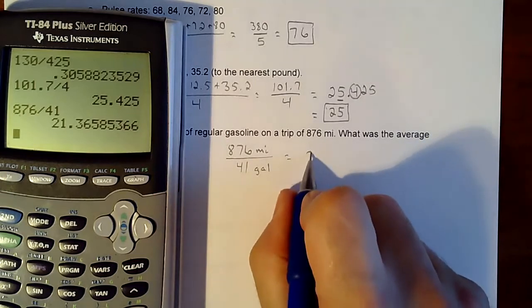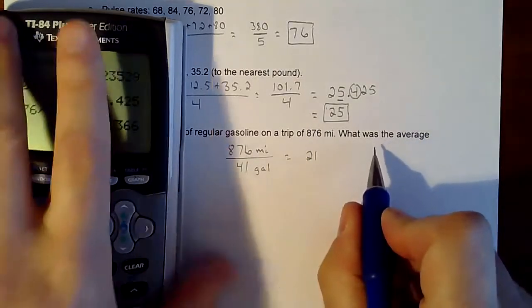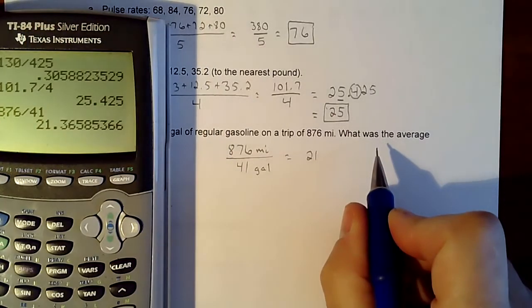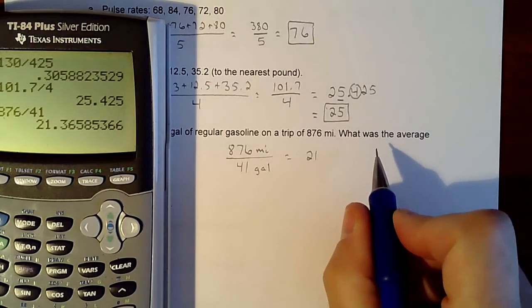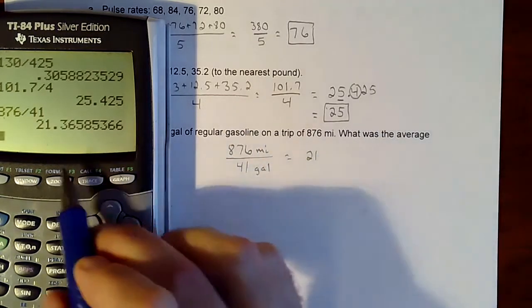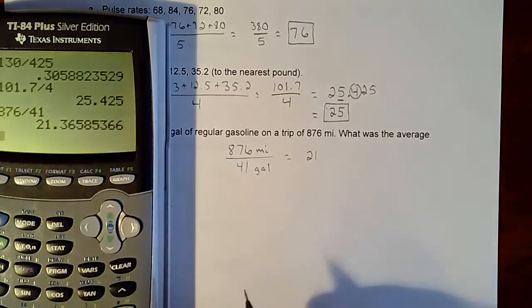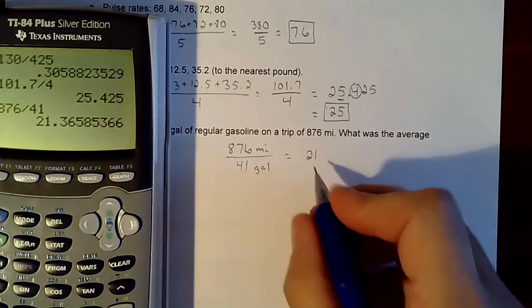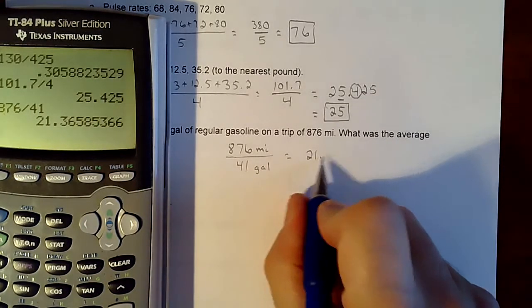It doesn't say anything about rounding, so we'll round to the nearest whole number, because most likely if you're actually doing this calculation, you're not going to say we got 21.36 miles per gallon, you're probably going to say 21 or 22 miles per gallon. But let's show how we do that.